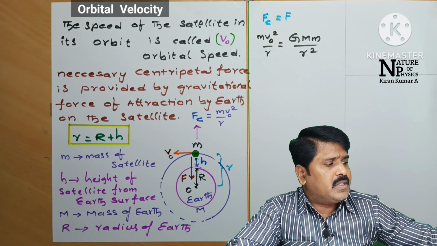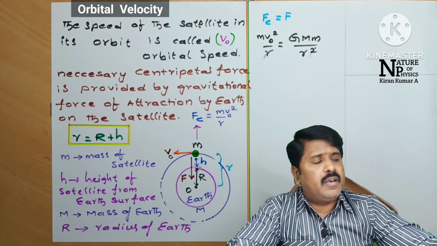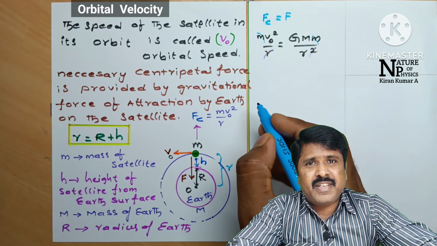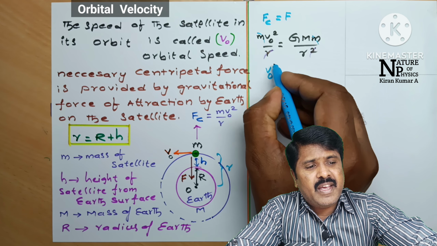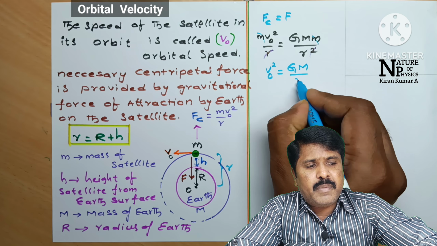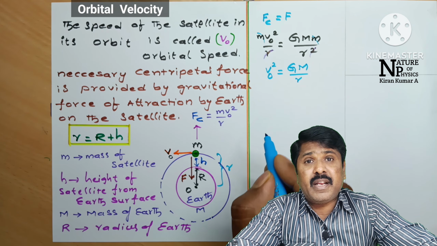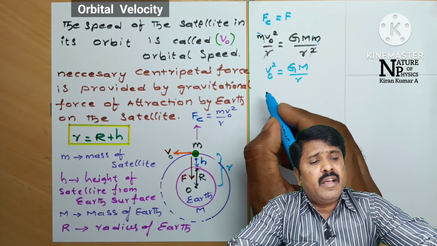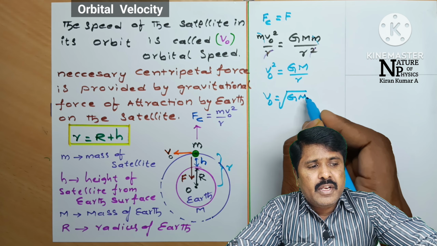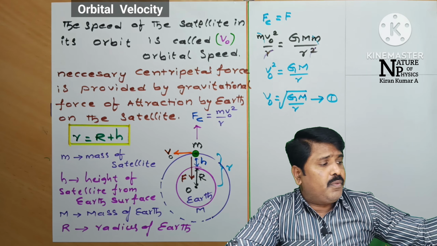Here r and r square cancel, small m also cancels on both sides, and v naught square is equal to G capital M divided by r. G represents the universal gravitational constant. Then v naught is equal to root over GM divided by r. This is equation number 1.